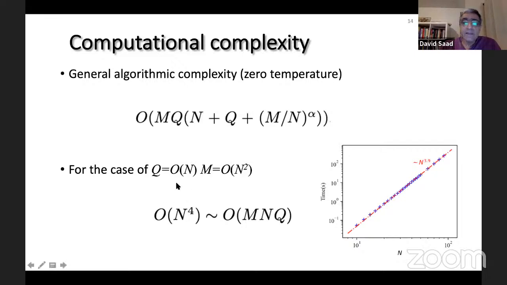Specifically, if you look at the case of Q of the same order as the number of vertices, and the number of requests being order n squared, the message passing is reduced to order M and Q. Arguably, this is the lowest order that you can expect, because every node should consider all messages and all wavelengths. And also experimentally, you can see that this is the case on random regular graphs, as appears on the right.